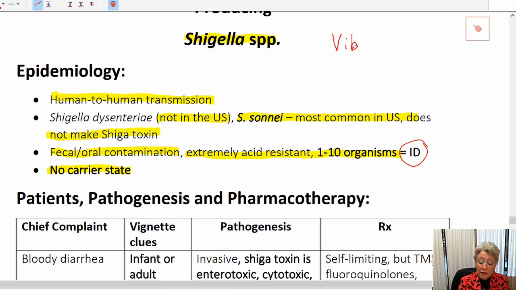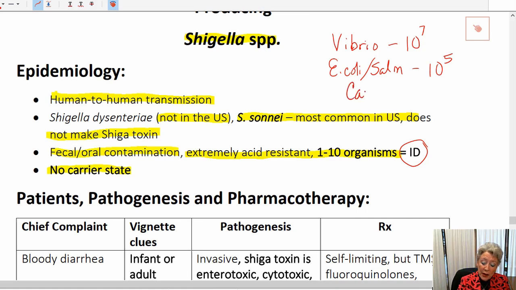So remember that Vibrio won the prize of having the highest infectious dose. It hates acid, and therefore we don't see Vibrio unless there's significant lack of sanitation. Okay? Next, we would have E. coli and Salmonella being two that take around 10 to the 5th to make you sick.